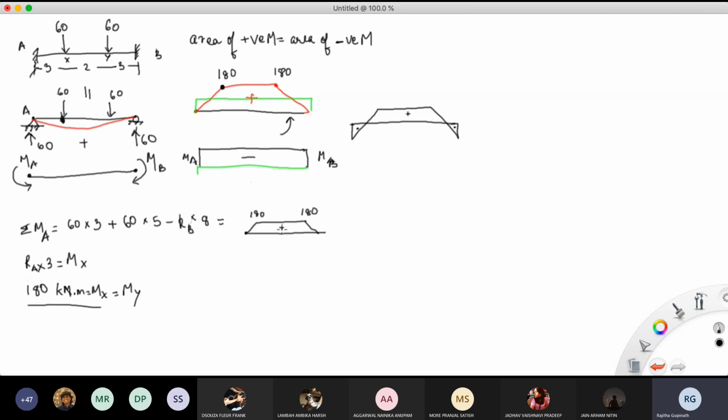Now this is positive, right? So this area has to be equal to this area, isn't it? So we can write that ये जो area है total, if I take the total area of this one, has to be equal to this total area, right? So what is the area?